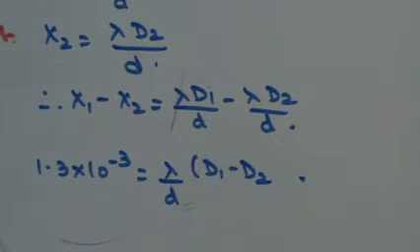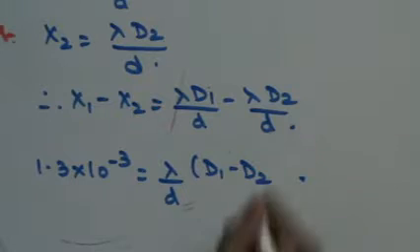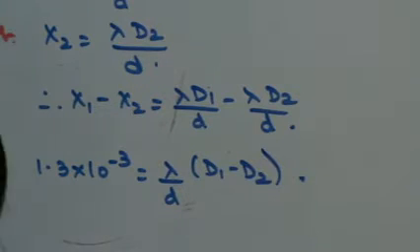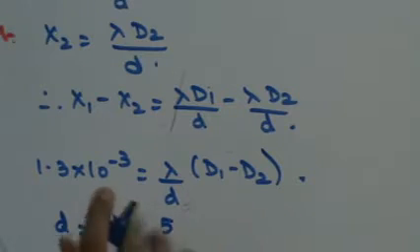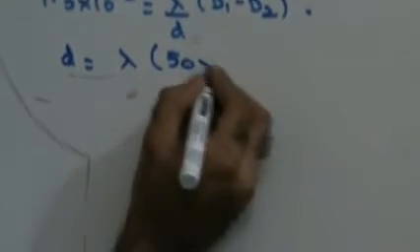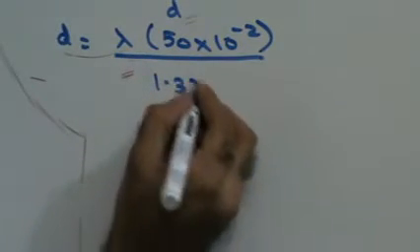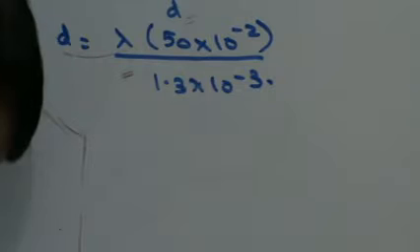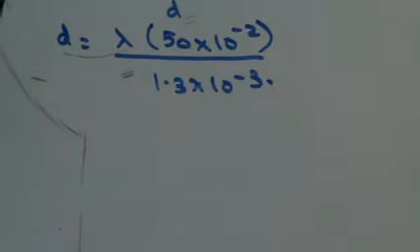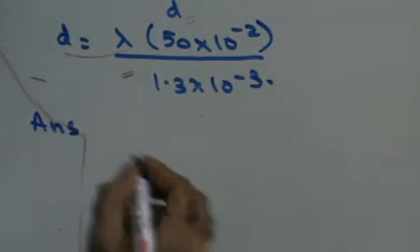Now lambda is known, the distance between the slits, that is the small d, is the only value that you don't know. You will get d is lambda times D1 minus D2, which is 50 into 10 raised to minus 2, upon 1.3 into 10 raised to minus 3. Substitute the value of lambda, you should get the value of d, which is going to be 0.2 millimeter.